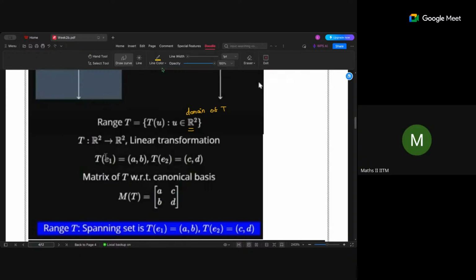So here, why is this range a subspace? The range is a subspace because let's take any two elements, T of U and T of V. These two are elements in the range of T. Now, what about alpha T of U plus beta T of V? Using the properties of T, we can rewrite it as T of alpha U plus beta V. U and V are in R2, so alpha U plus beta V belongs to R2.